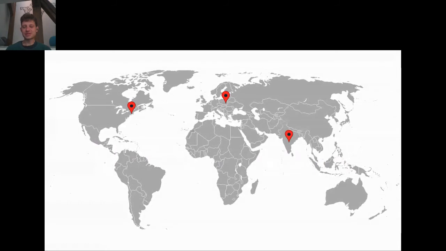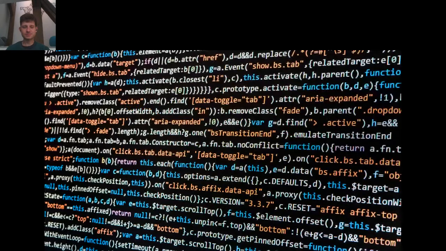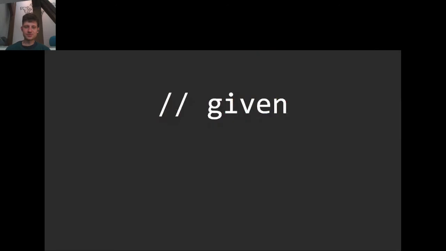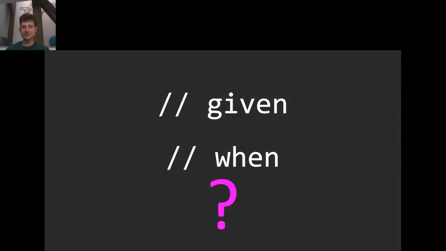So I started to read the code of the whole project and the other modules. I read all these modules and checked their tests for the main class, and there was given, when, but no then, for the main class and for a lot of other classes as well. So then I actually said, come on, what are we doing here?